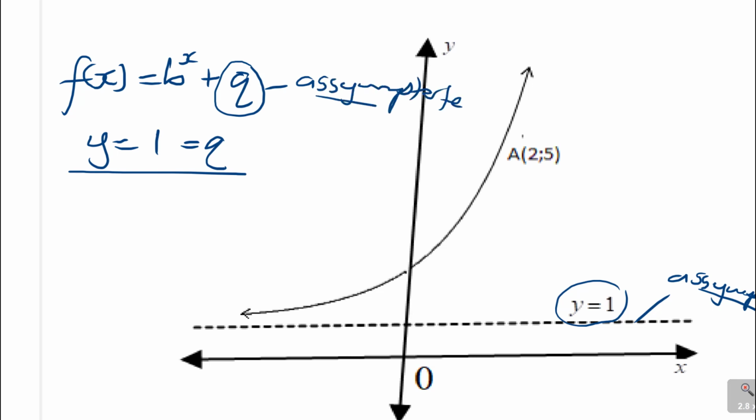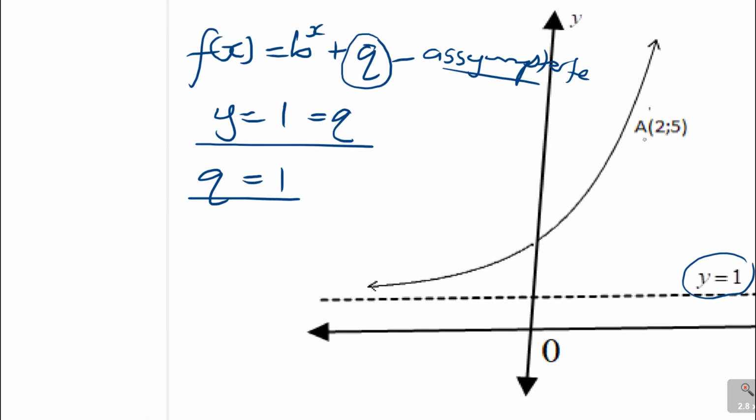So here, what you just write, you just say q is equal to 1. Just by giving that line, automatically it becomes q. So since we know that q is 1, we then say, okay, we know that q is equal to 1, and you are given a point here. So you write the equation again, f of x is equal to b to the x plus q, which is plus 1.